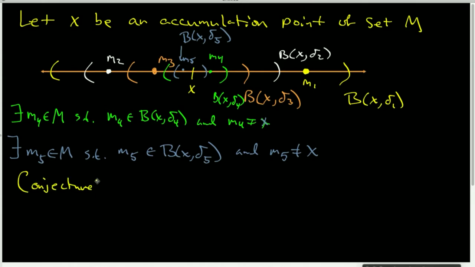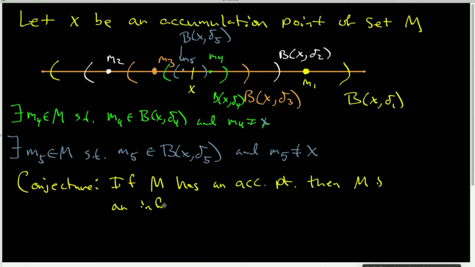Our conjecture is, if the set M has an accumulation point, then M is an infinite set. Now, the way we're going to prove this conjecture is we're going to use mathematical induction.